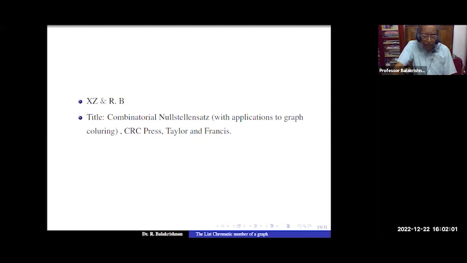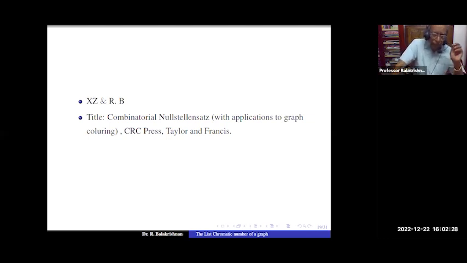He introduced the combinatorial Nullstellensatz. There is a Hilbert Nullstellensatz, which some of you might have come across if you have done higher algebra and algebraic geometry. In analogy to that, he called it the combinatorial Nullstellensatz.